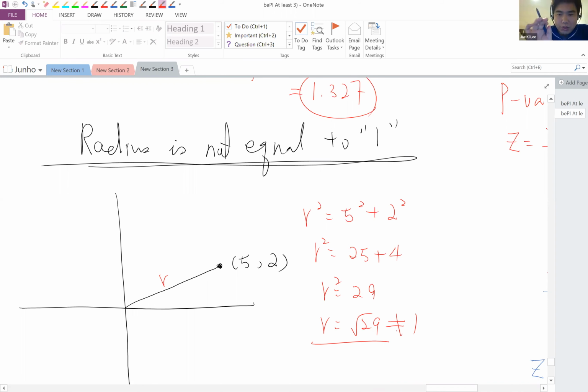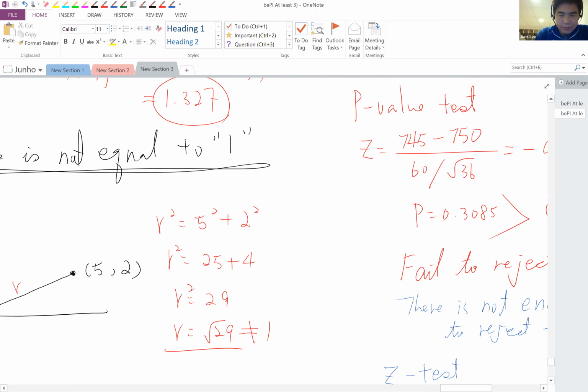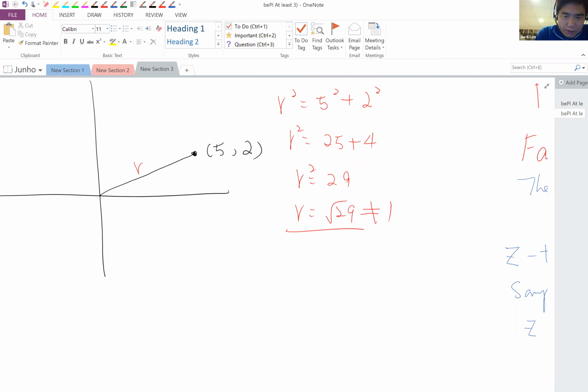Okay. So in this case, we want to draw the right triangle. So a right triangle like this here. Analyze it. Now this is 5 and this is 2. We know the radius becomes root 29.